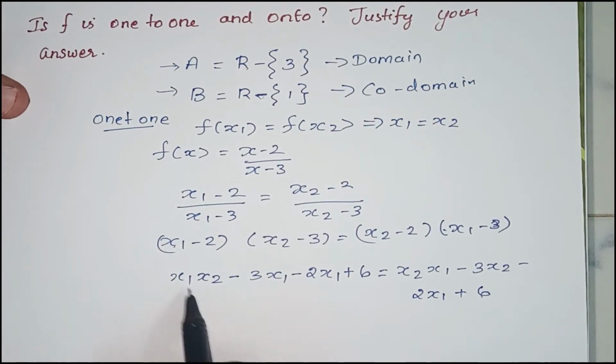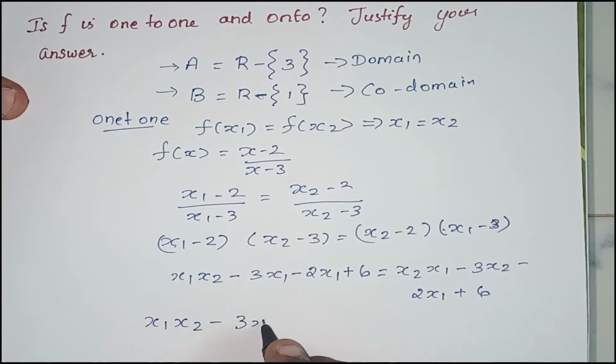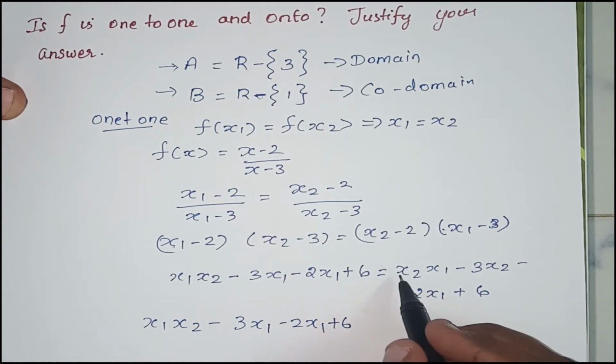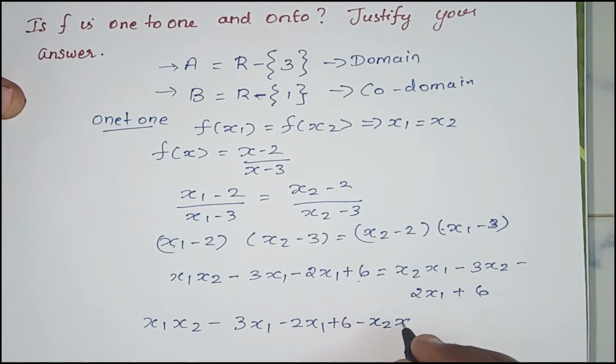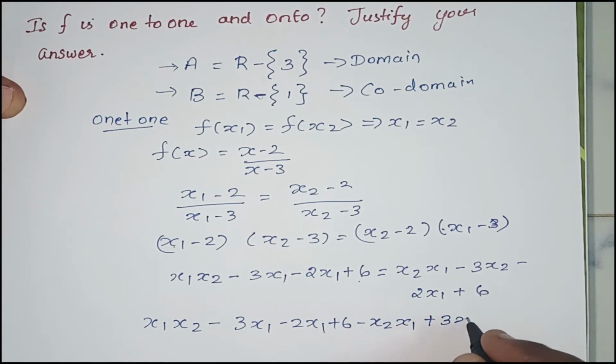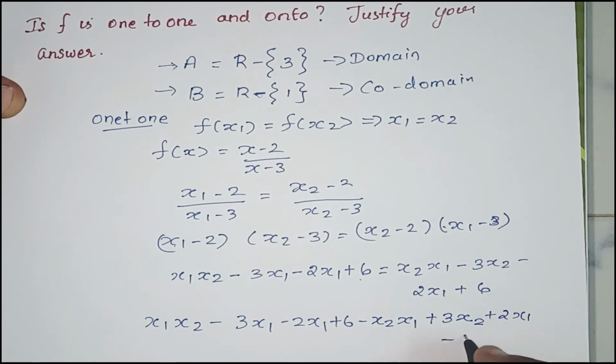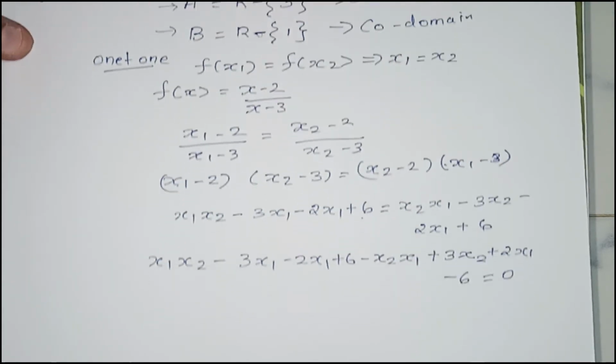Next I am taking this term to this side. So x1 x2 minus 3x1 minus 2x1 plus 6, and taking the right side terms across, minus x2 x1 plus 3x2 plus 2x1 minus 6 equal to 0.